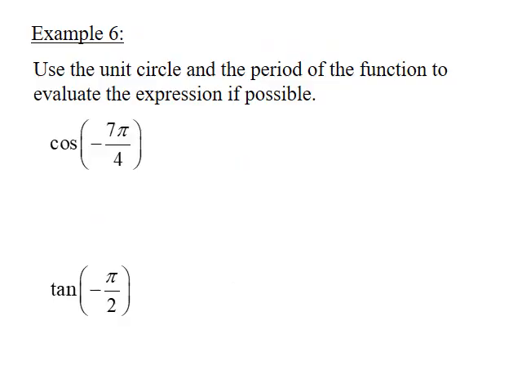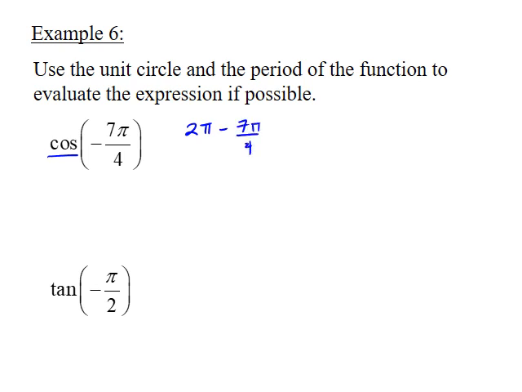Now, I have a ton of examples of these, and I don't know if I'm going to do all of them because they're all very similar. It says use the unit circle and the period of a function to evaluate the expression if possible. For cosine, I know that the period is 2 pi. So I can add 2 pi to this angle, which is simply 2 pi minus 7 pi over 4.